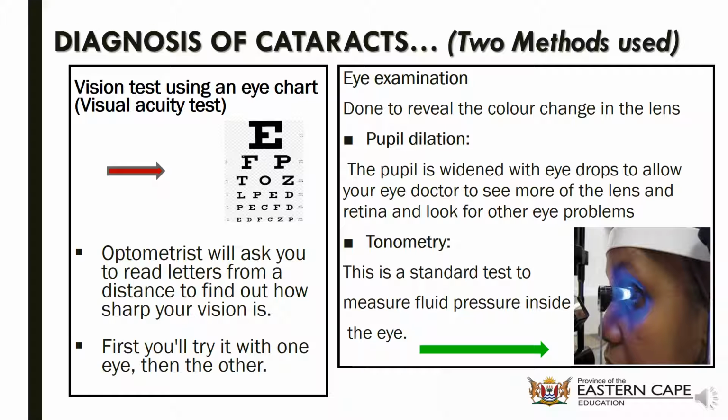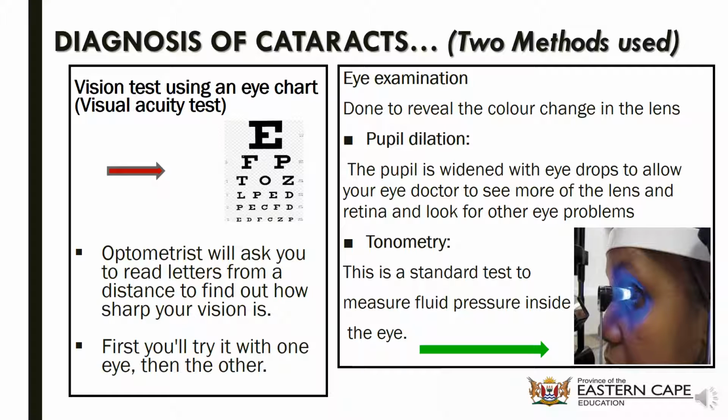vision is. So you first do it with the left eye, and then you also do it with the right eye after. Or they can also do an eye examination, where they observe the change in the color of your lens. They look at how wide your pupil is dilating, or they use what we call the standard test, tonometry.